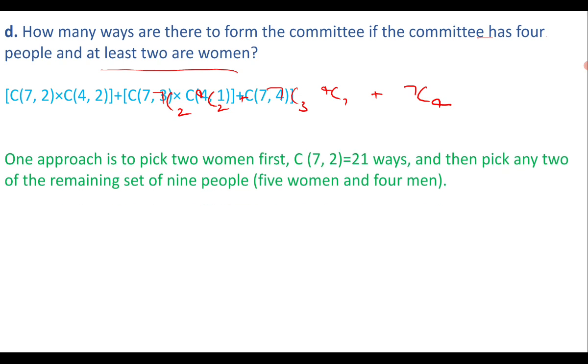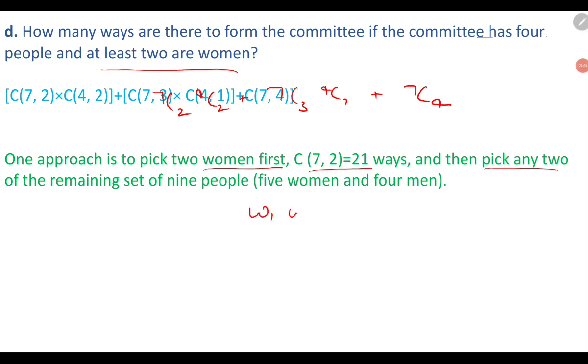Now in this case, the other approach might be that we pick the first 2 women and then pick any 2 out of the remaining 9. But if you see, in this case there is a lot of repetition and the answer would not match. Why repetition?